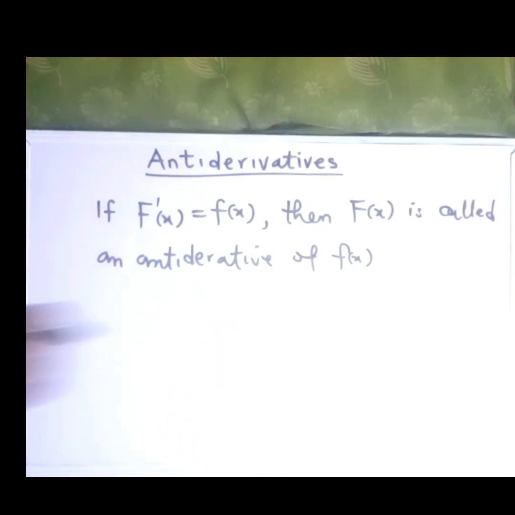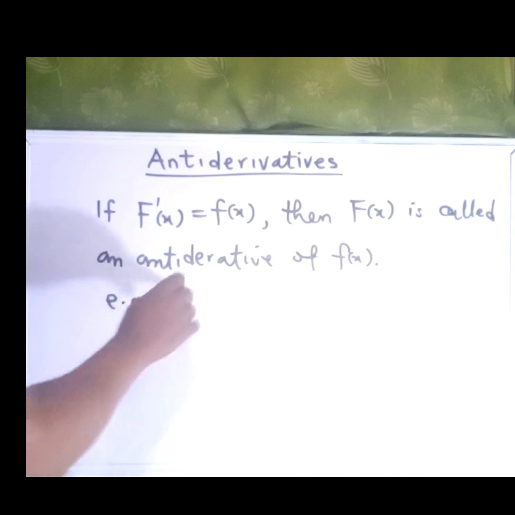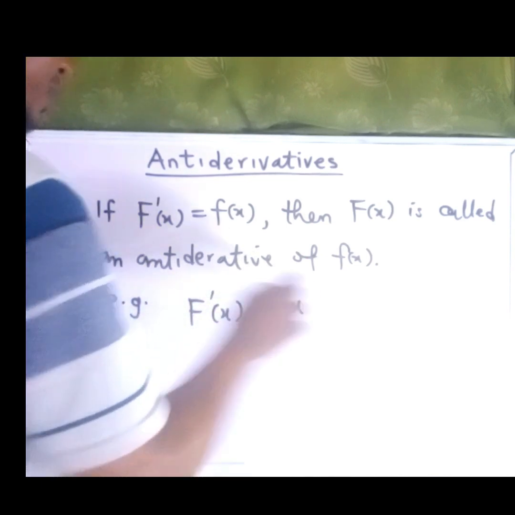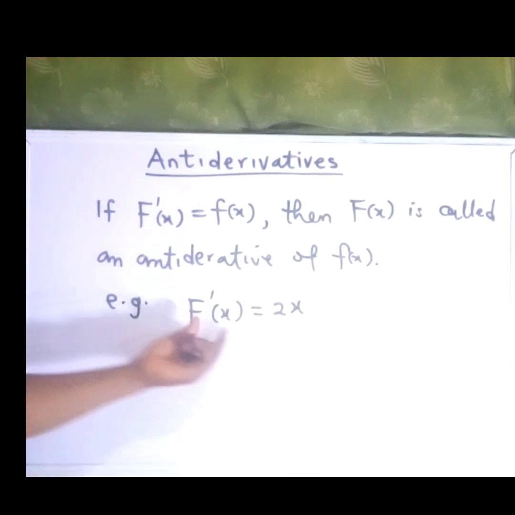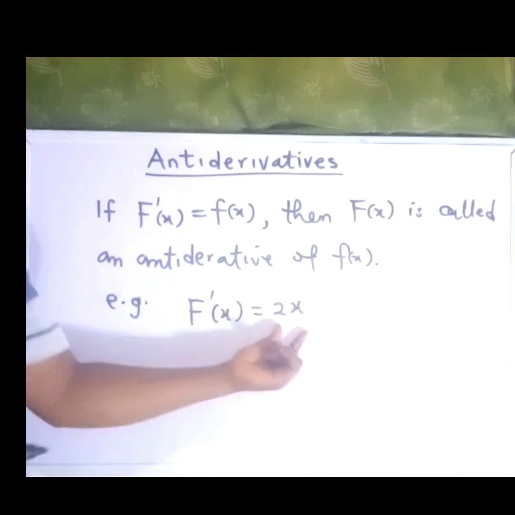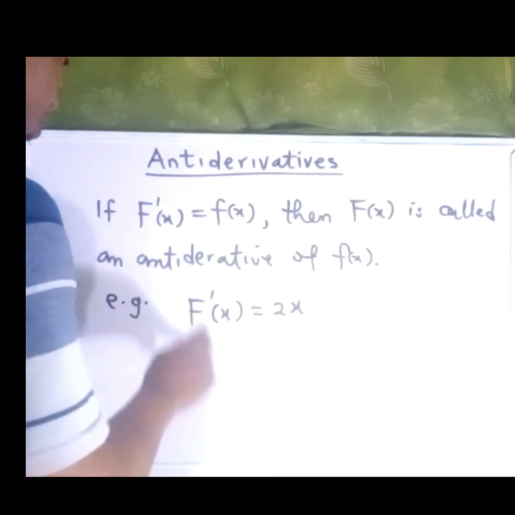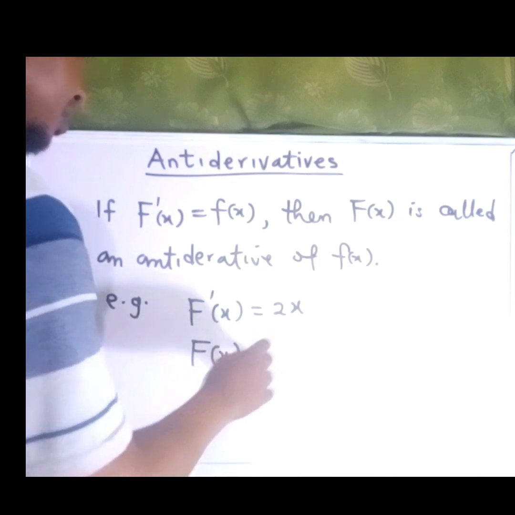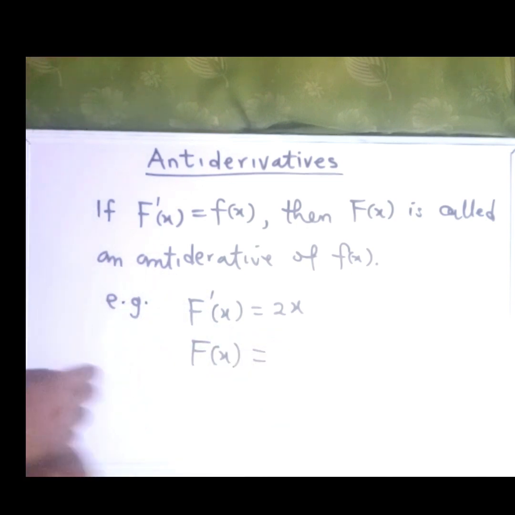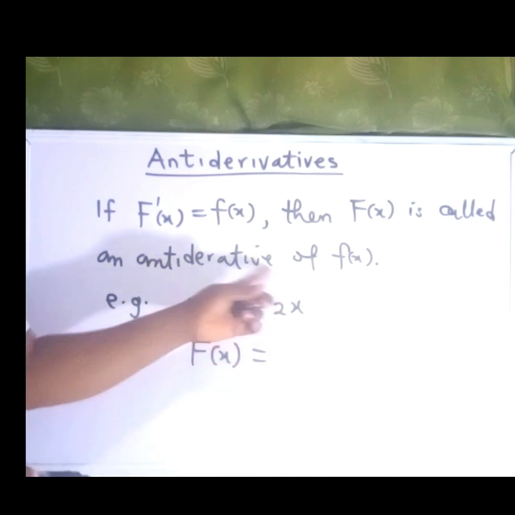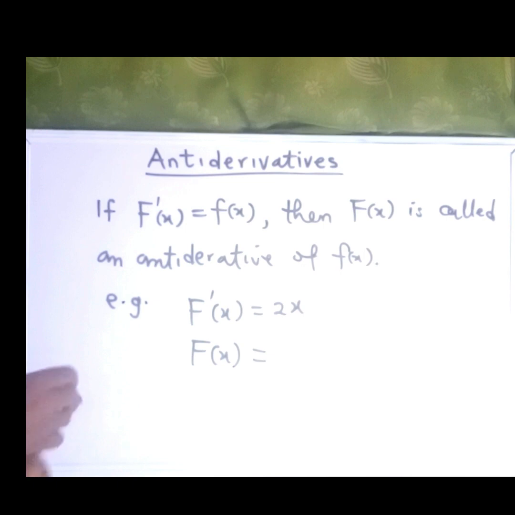So what do we mean by this? What you are saying in essence is that if you were given F prime of x to be 2x, for example, the slope of a certain function is 2x. Okay? So F of x in this case, we should transform this to its normal curve.